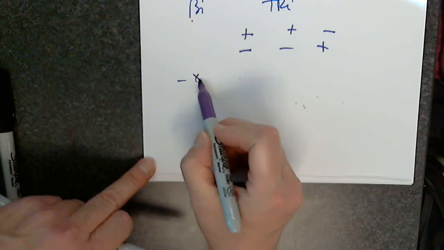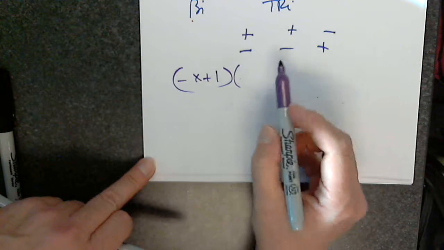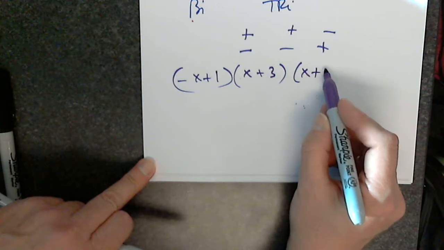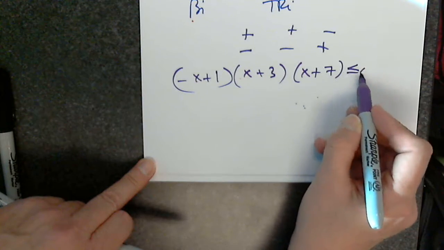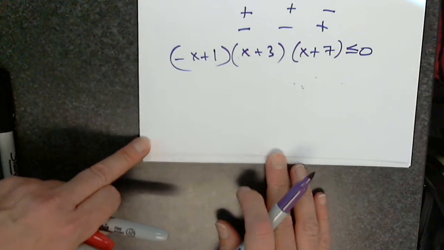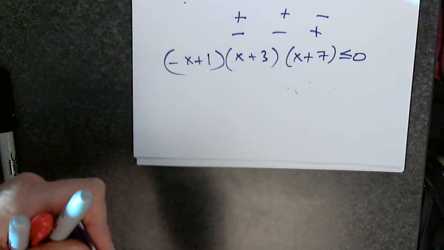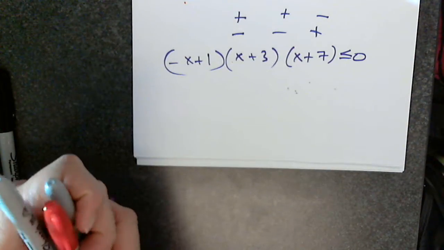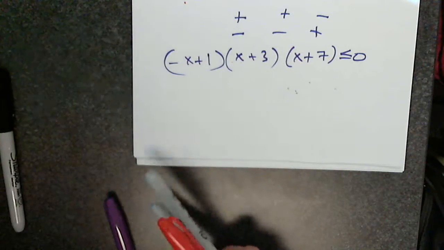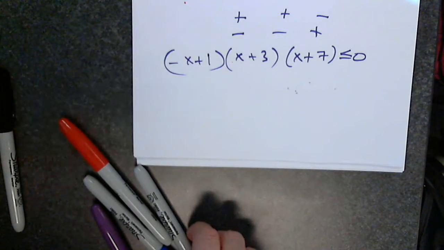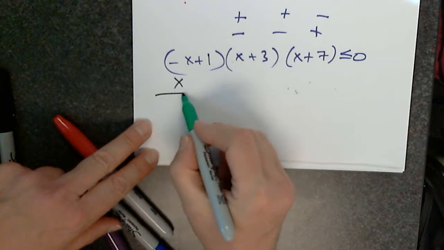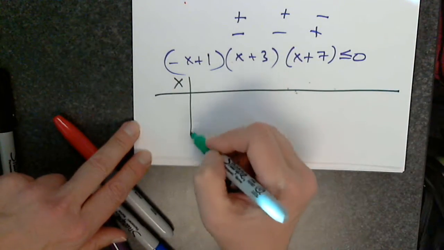Let's say negative x plus 1, x plus 3, and x plus 7, less than or equal to 0. Assuming you agree with my chart and you want to use it, is this inequality chart ready? Yes, because one side is a product and the other side is 0. Perfect.